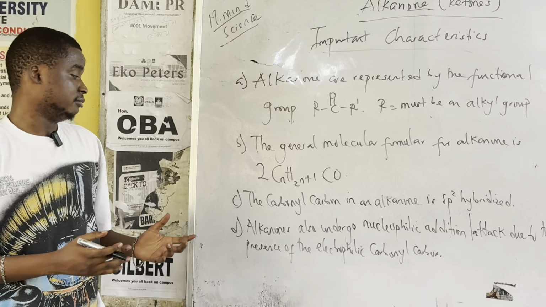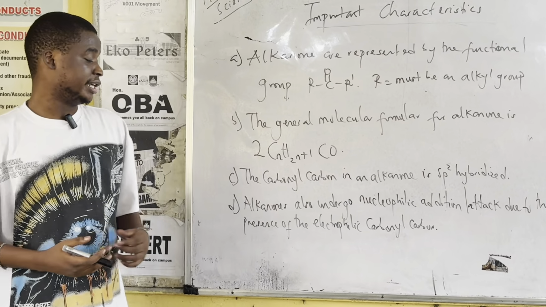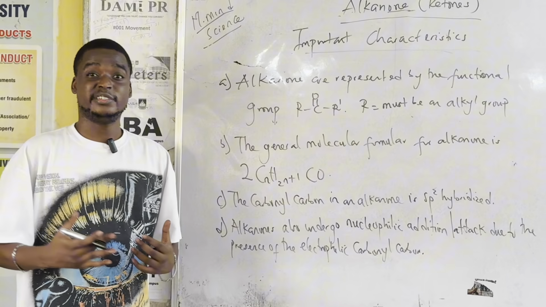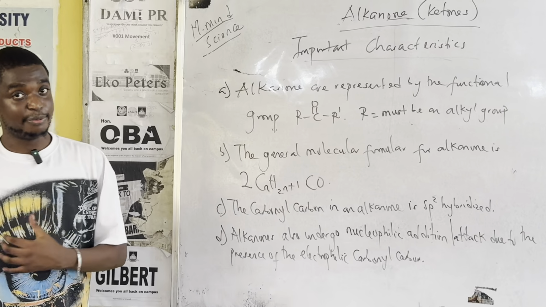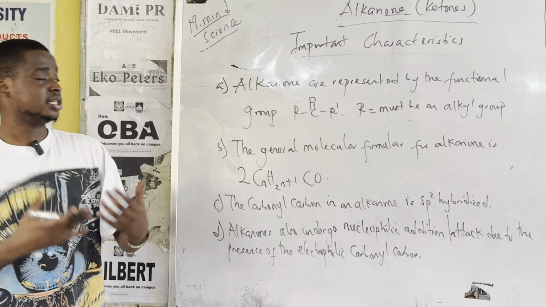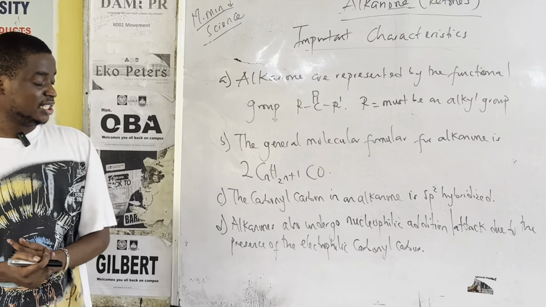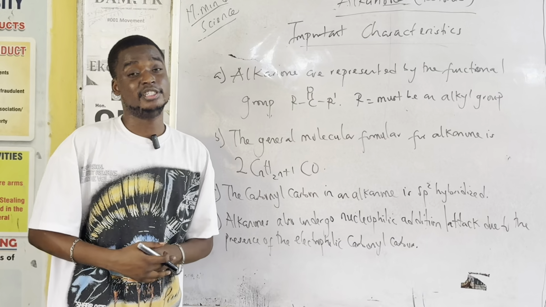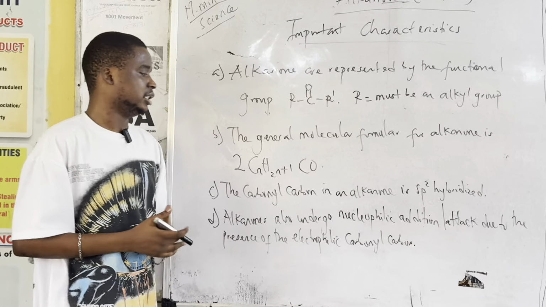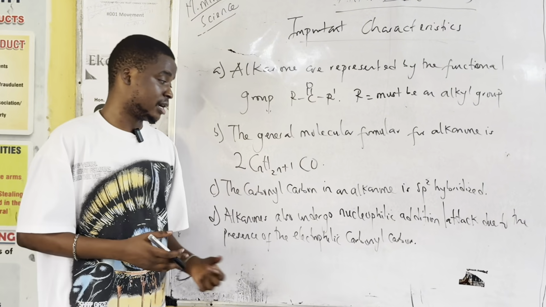ALKANONE can do this because the carbonyl carbon is electrophilic. Electrophiles are reactive species that can accept a pair of electrons, while nucleophiles are reactive species that can donate a pair of electrons. And this is very important in their reaction mechanism. Majority of the reactions they undergo involve a nucleophile attacking the electrophilic carbonyl carbon.